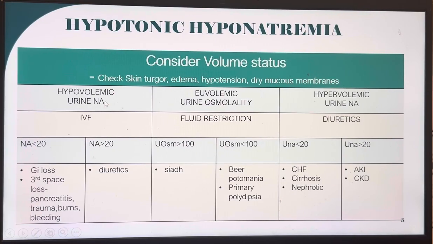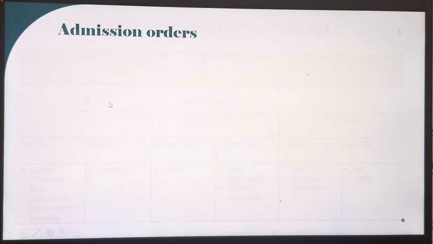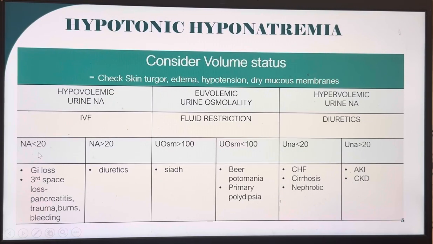Now let's see about hypovolemic. In hypovolemic, you check urine sodium. If the urine sodium is less than 20, that means kidneys are functioning properly, they are concentrating urine properly.